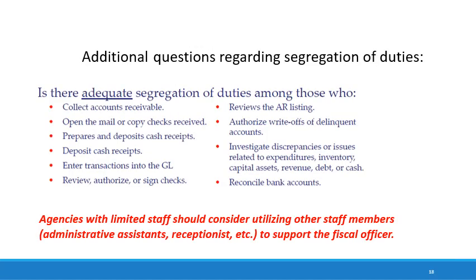Some additional items to consider when reviewing segregation of duties would be to answer the following questions. Is there adequate segregation of duties among those personnel who collect accounts receivable, open the mail or copy the checks received, prepare and deposit cash receipts, enter transactions into your general ledger, review, authorize, or sign checks, review the accounts receivable listing, authorize write-offs of delinquent accounts, investigate discrepancies or issues related to expenditures, inventory, capital assets, revenue, debt, or cash, and reconcile bank accounts?